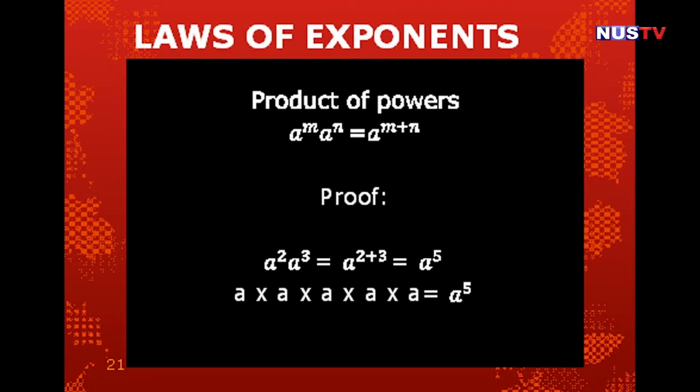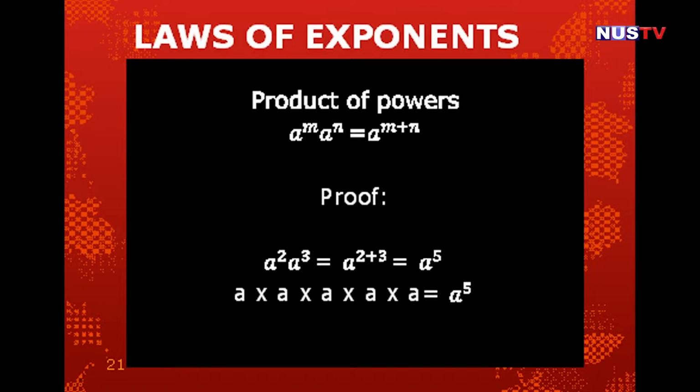Now, where did that come from? Let's have a look at it. When we have a power, it means you are multiplying, okay? So if you have a power of 2, it means you are multiplying the a 2 times. If you have a power of 3, you are multiplying the a 3 times.